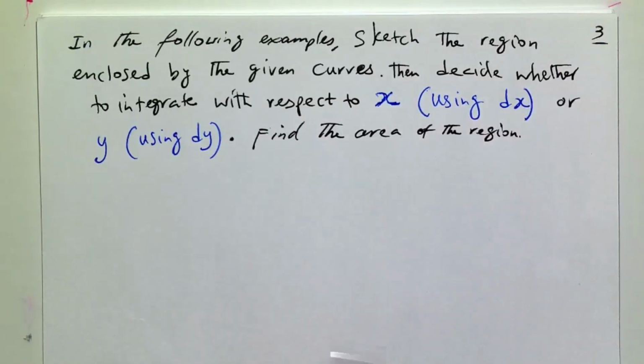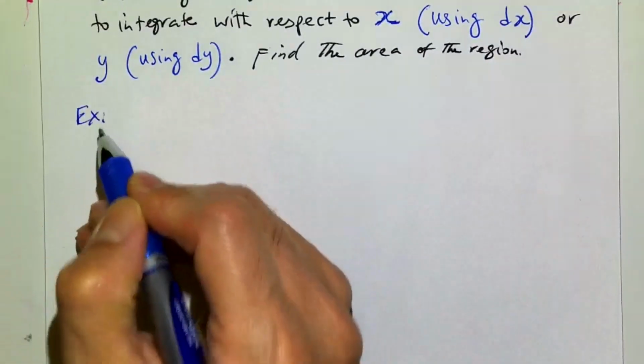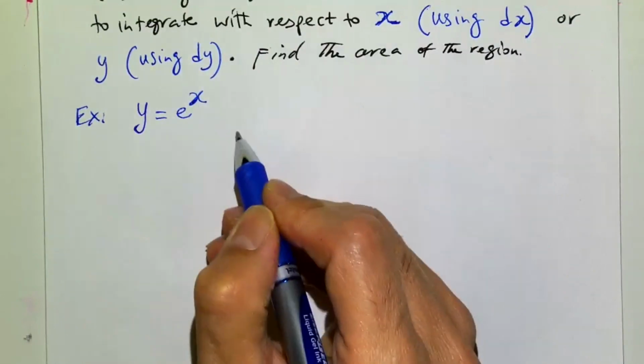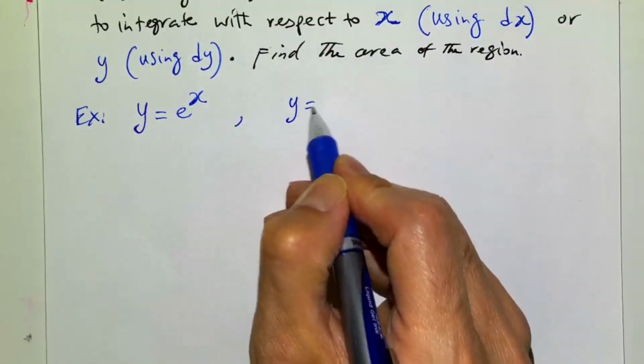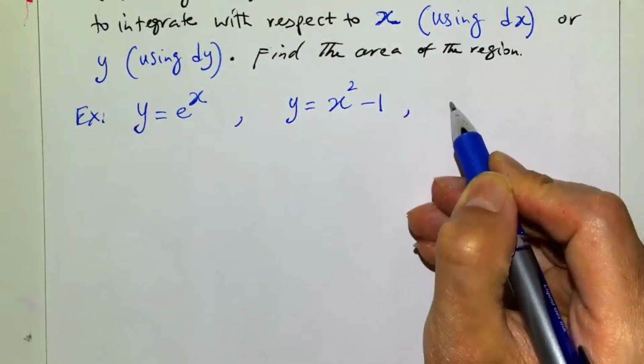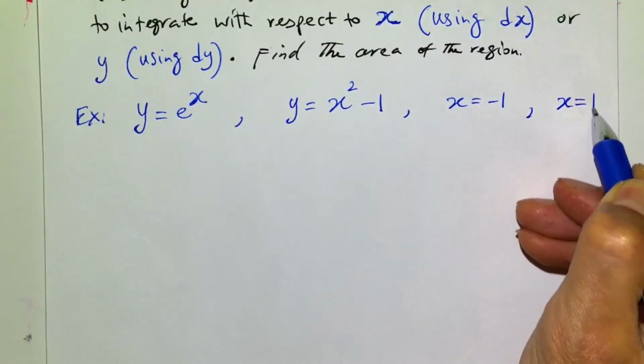Okay, so the first example is as follows. We are given these two functions, y equals e to the x power, and another one, y equals x squared minus 1, x equals -1, and x equals 1.